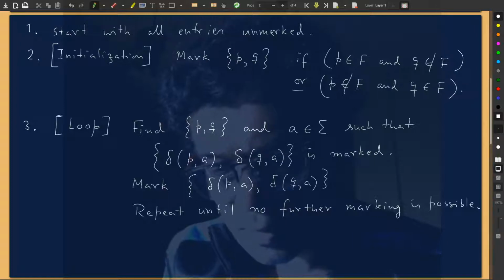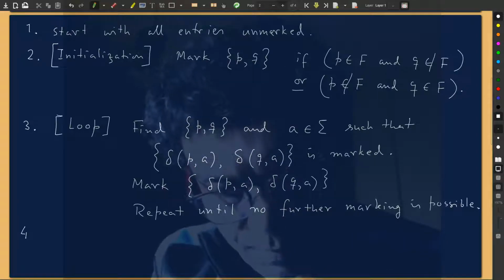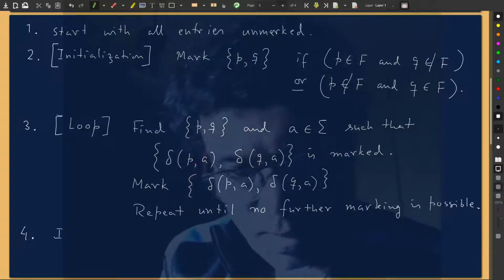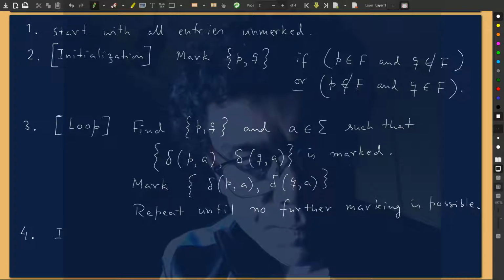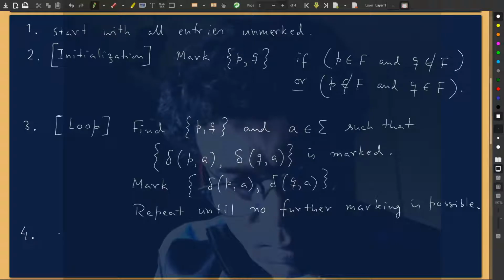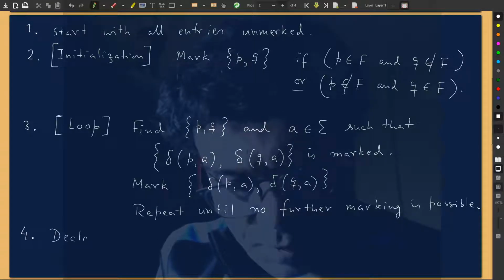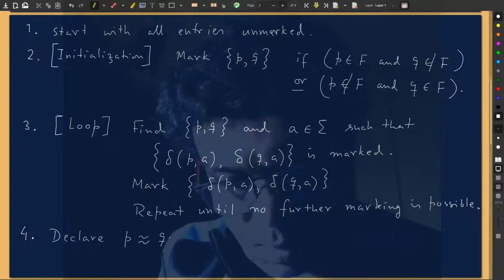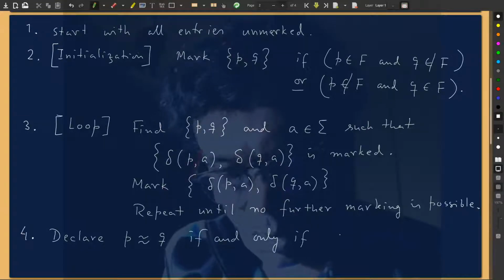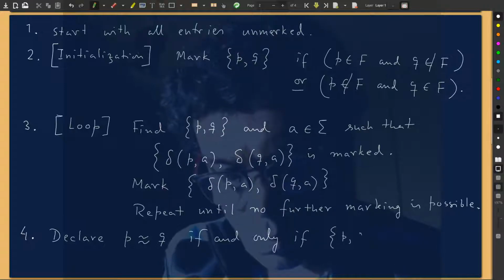And then the loop breaks. Finally, you declare two states P and Q as equivalent if and only if this unordered pair PQ is unmarked.